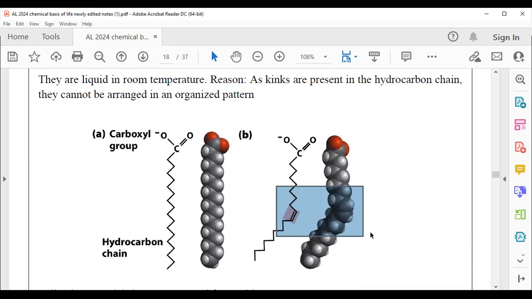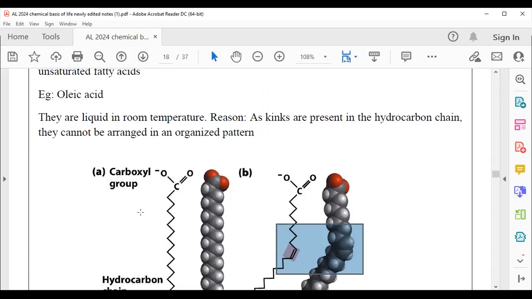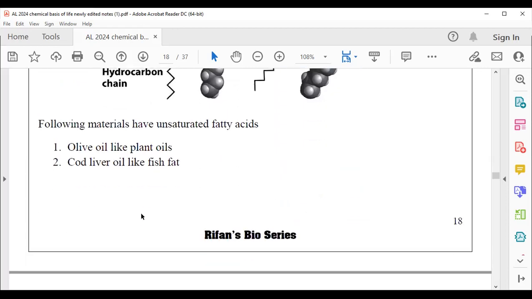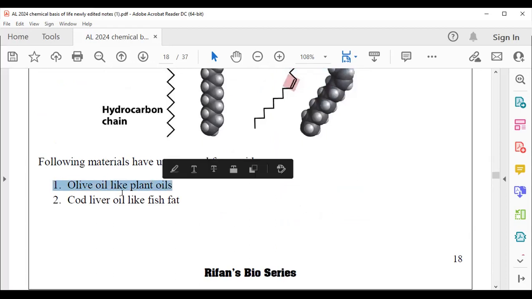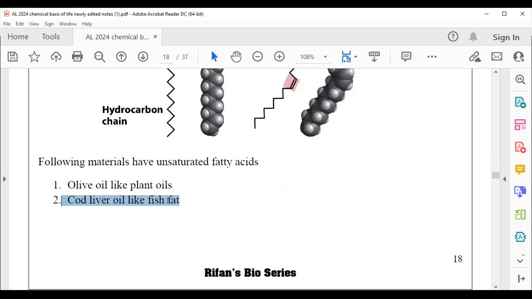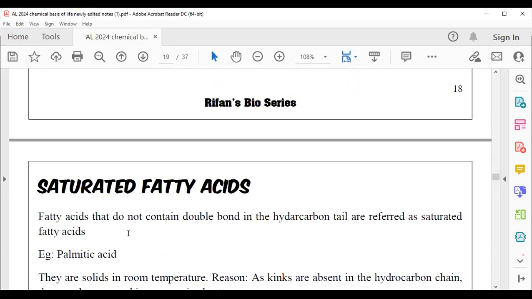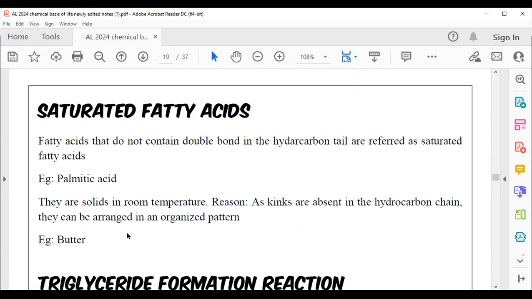Unsaturated ones will kink because of the double bond, but saturated ones will not kink; they are straight molecules. Unsaturated fatty acids are present in olive oil among plant oils and cod liver oil among animal oils. Saturated ones have only single bonds.